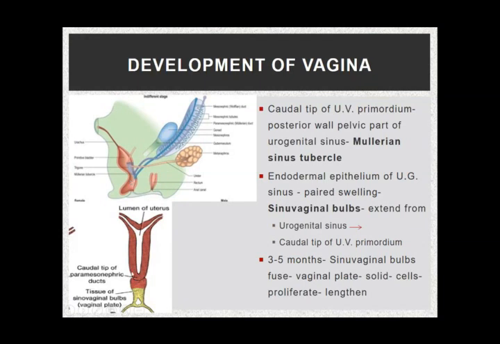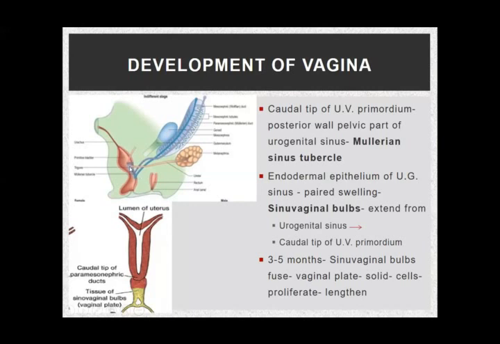Now, from the urogenital sinus arise two swellings, two elevations. They are called sinovaginal bulbs. These sinovaginal bulbs arise, this is the urogenital sinus.